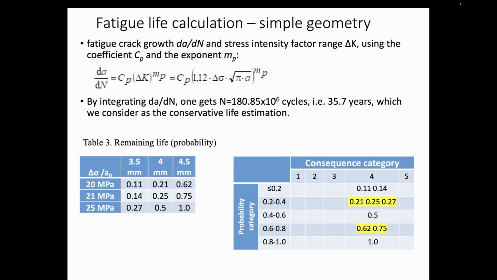So you can take the initial crack-like defect as 3.5 millimeters in depth, or maybe suppose some other values just to check what would be the outcome. Then you may take 20 megapascals that was really the operational value, or maybe, no, 21 was, so 20 was just slightly lower and 25 was just to see what was going on. And then we would get the likelihood for fatigue failure as shown here.